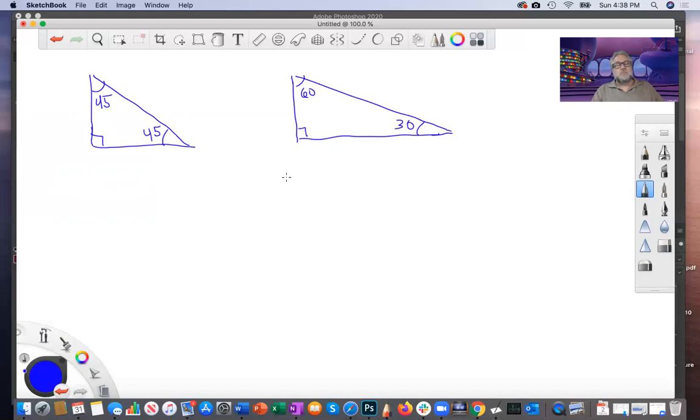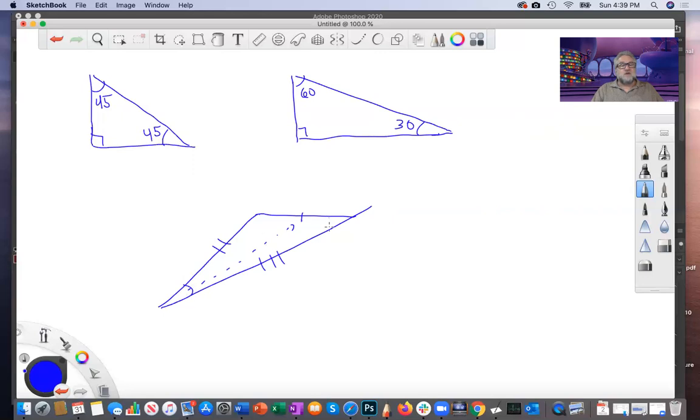Okay. Now here's the thing with triangles. No matter how you make it, if you do a weird, goofy triangle like this, let's say, there we go. Notice this is the shortest side, and then this one's a little longer, and then this is the longest. The shortest side is always opposite the smallest angle. Here's the smallest angle.